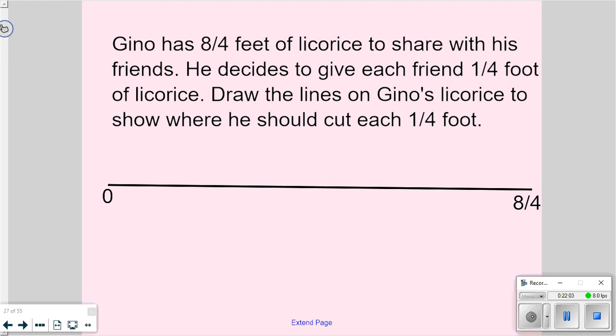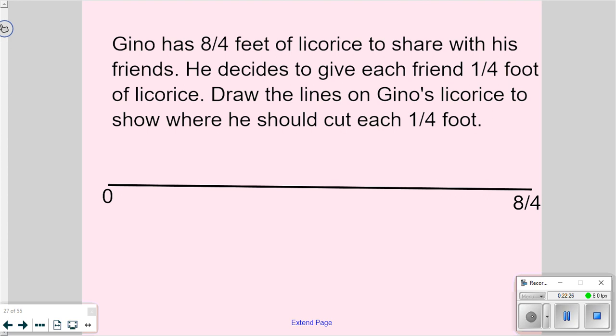Gino has, how do I read that fraction? Someone read that fraction to me. What does that fraction say? Mackenzie? He has 8/4. How many 1/4 pieces does he have? 8 of them. That's what that means.